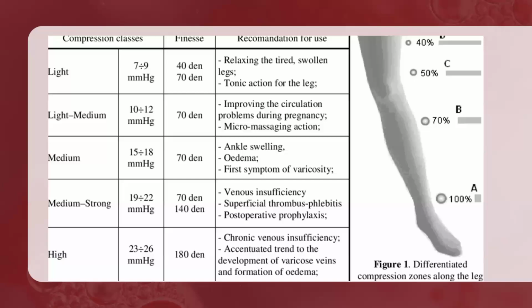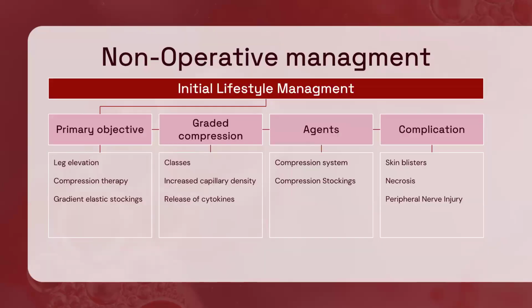So Dr. Sameer, the compression stockings, the grades which you have put, is that the commonly used system, or what do we use when you're, let's say, writing a prescription for stockings for a patient? What do you mention? I'm sure you would have written many.